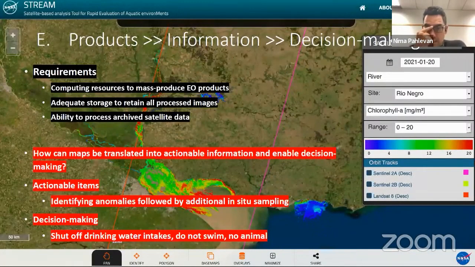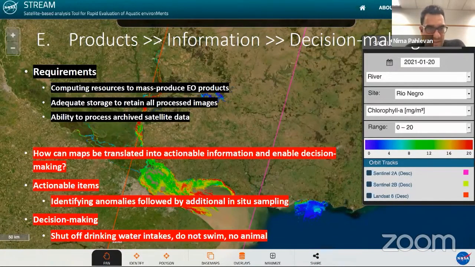Yeah, so we do all the processing. We try to get the products, but the products eventually should provide information and should ultimately enable decision making. And this requires that we or other data providers be able to mass produce Earth observations, or EO, products.